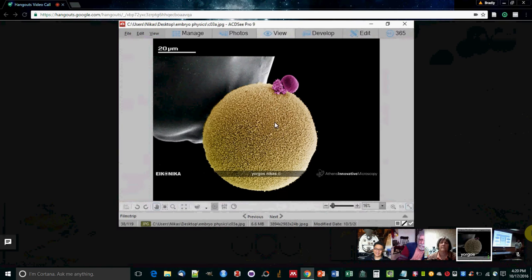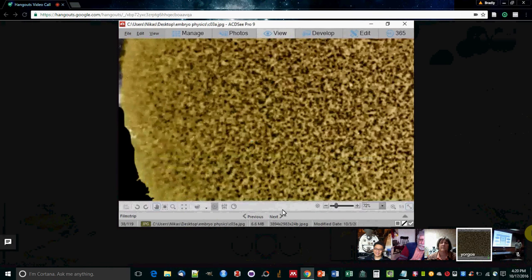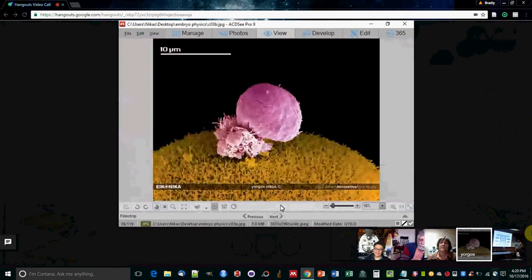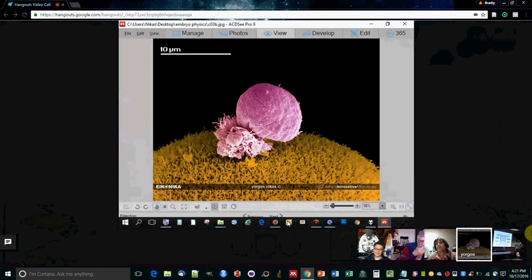We see there are a lot of microvilli, plenty of them, and some long ones at the area of the first polar body. Below the polar body lies the spindle, because the egg is arrested at this stage.